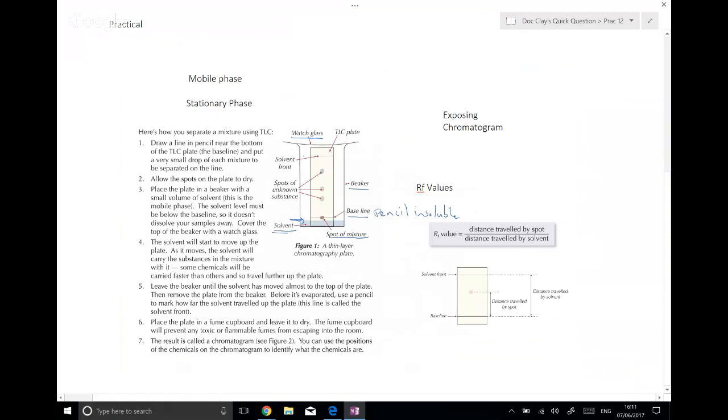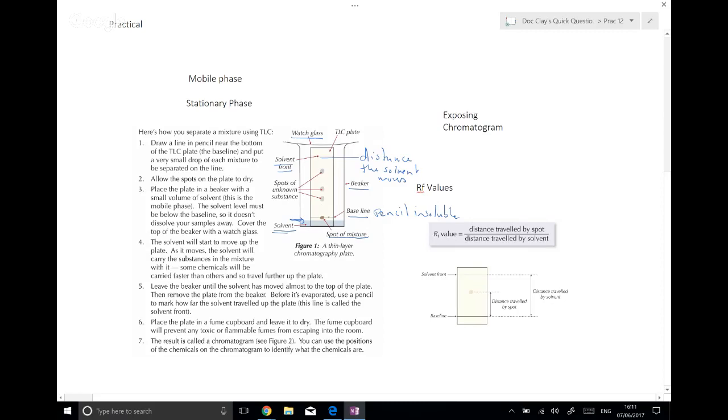Then you leave the sample to run for a period of time until, at some point later, you mark on the solvent front, and the solvent front is the distance the solvent moves. That's important when we come and look at the retention factor in a couple of minutes.